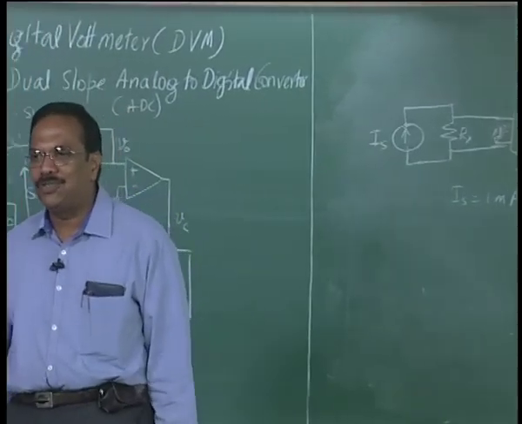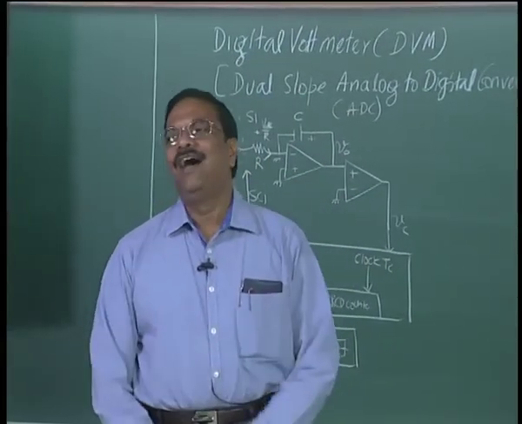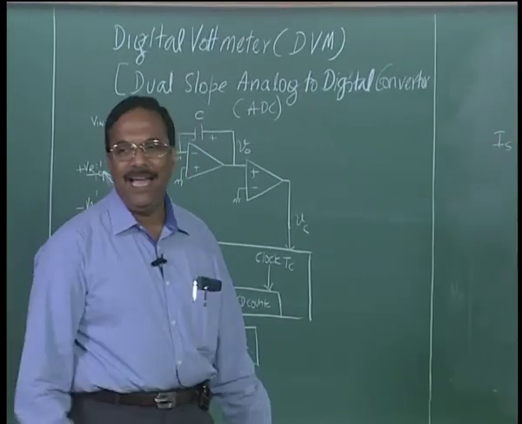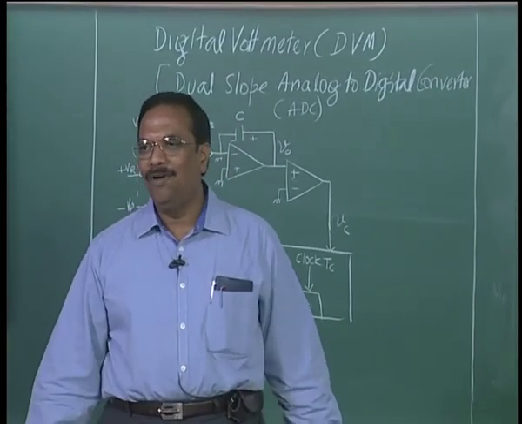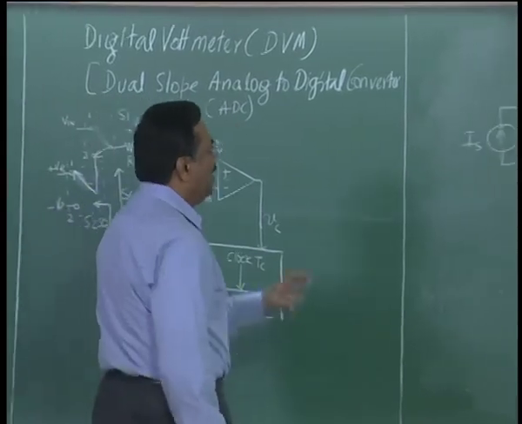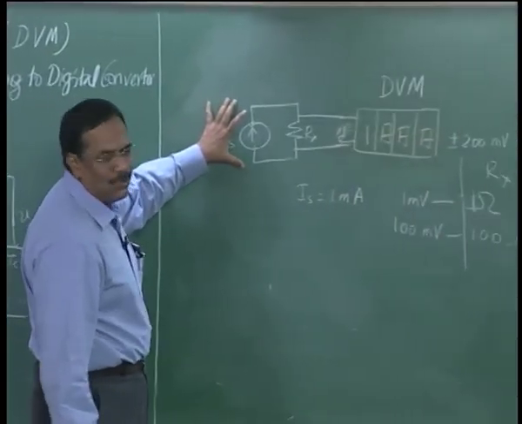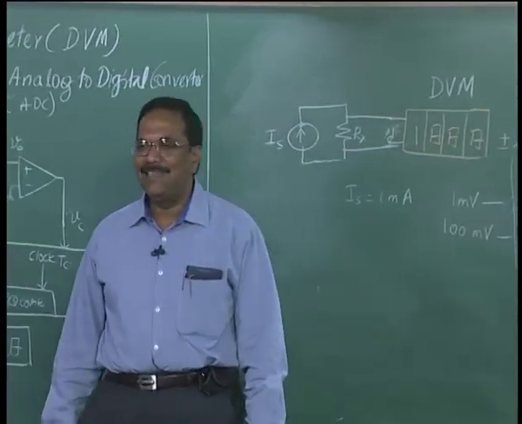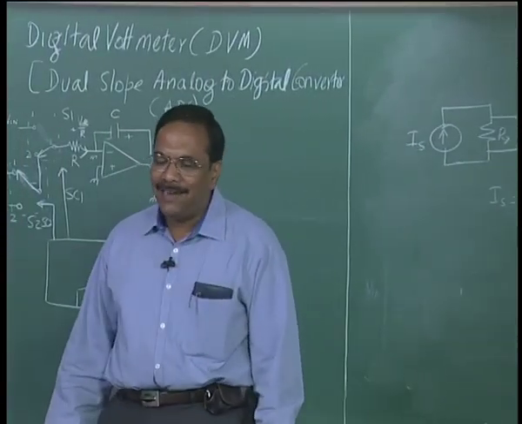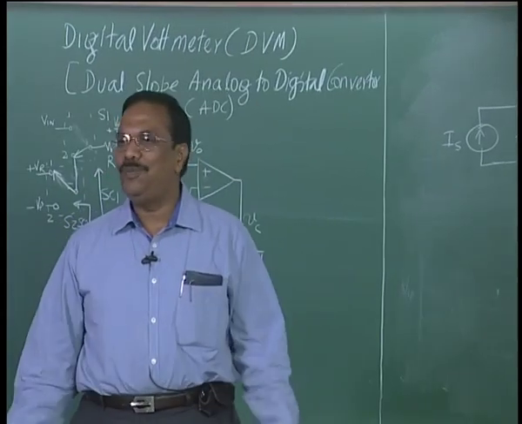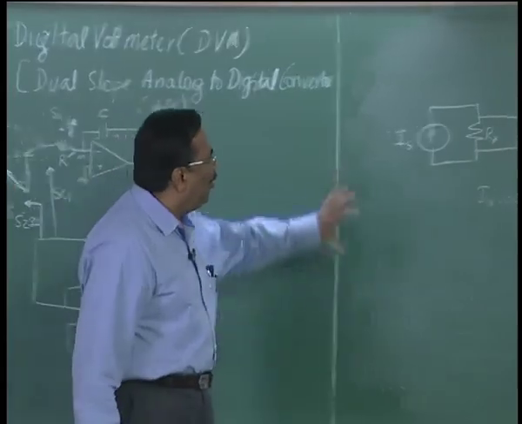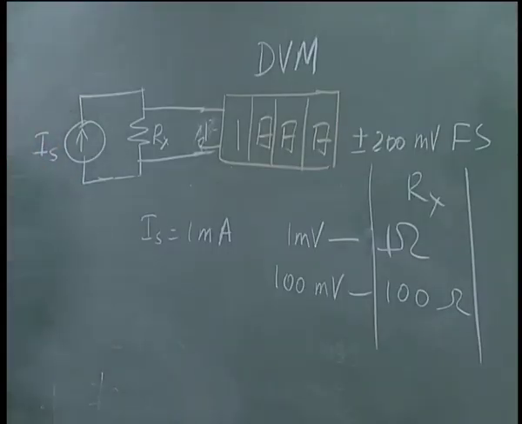If my meter shows 100, it is 100 ohms. If my meter shows 1, 2, 3, I know it is 123 ohms, right. By connecting an external DC current source, we can make the same digital voltmeter read resistance as well, right. When a meter reads resistance, it is called an ohm meter, right. So a digital ohm meter. So we will stop here, all these additional extensions we will see in the next class.